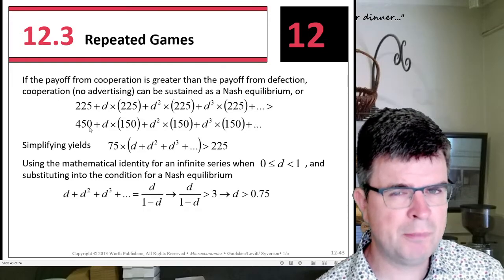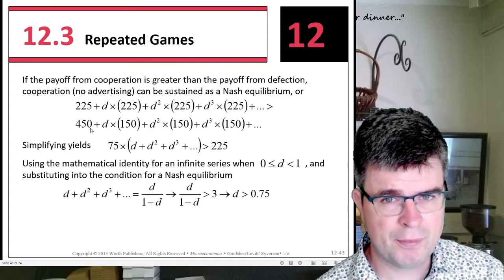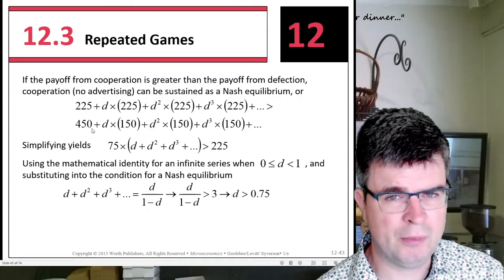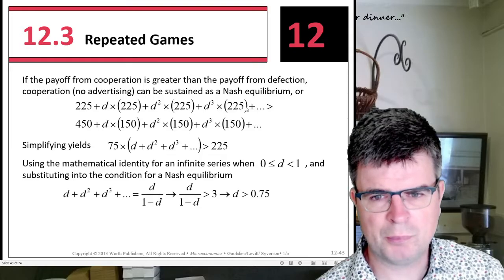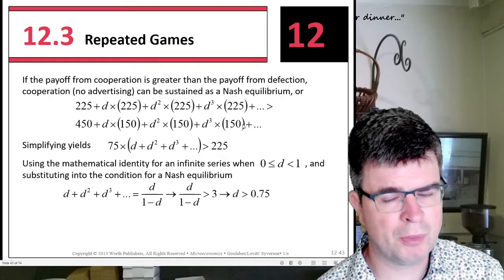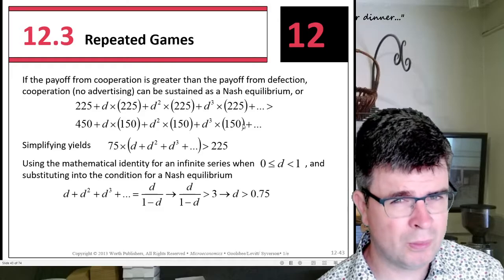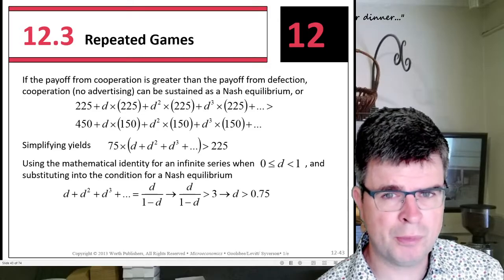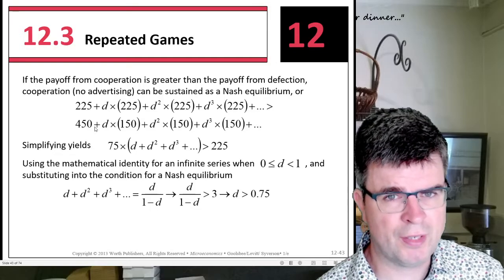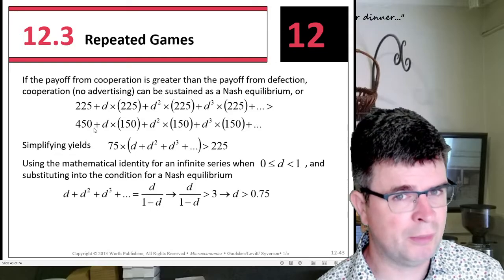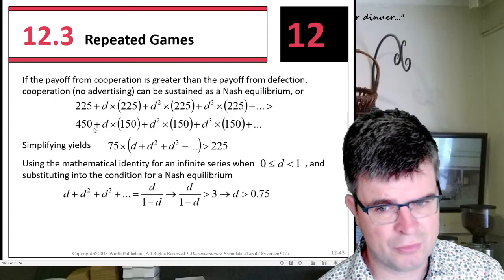And take the other extreme. Now suppose that in practice the discount factor to Warner Brothers would be equal to 0. So d is equal to 0. Then all these terms would disappear. Warner Brothers doesn't care at all about the payoffs in future periods. So in that case, it's very clear that it should defect today and advertise, because then it would get 450 today instead of 225.